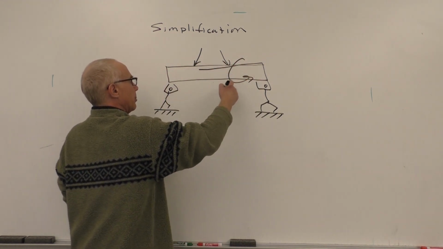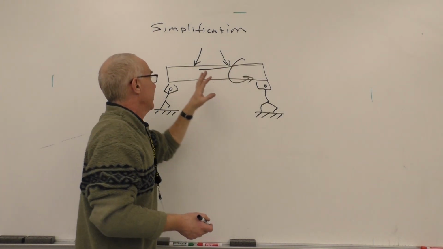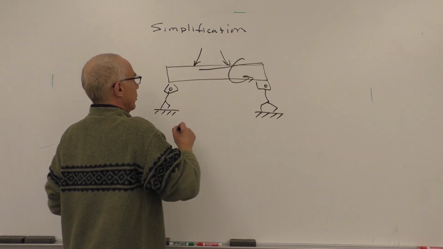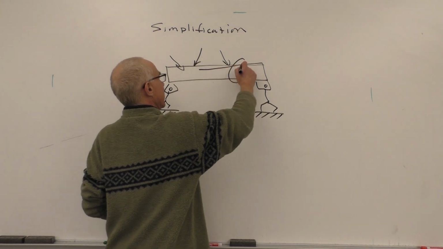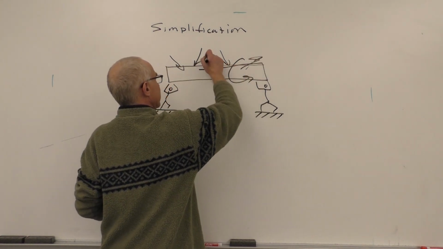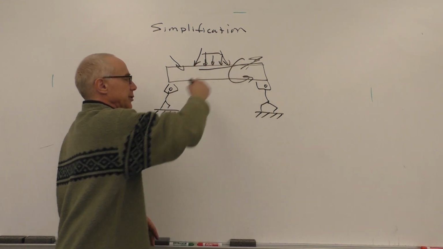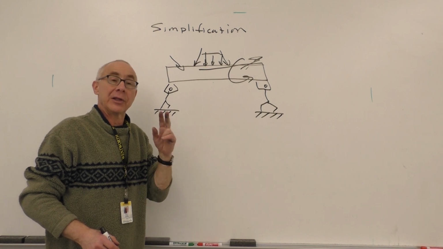We have a moment couple. That's what we really have, forces and couples. So we have two forces at different angles. And I'll add another force here and one here. Maybe that direction. Maybe we have a distributed load.